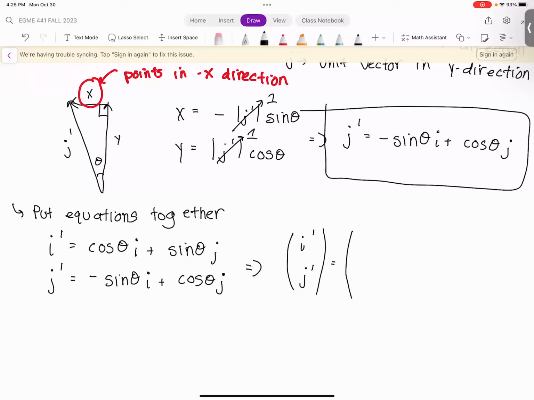And so we make a matrix system that looks like this. I took advantage of the fact that these are simply linear equations, and so I factored out I and J from both of those equations and put it in a matrix here.